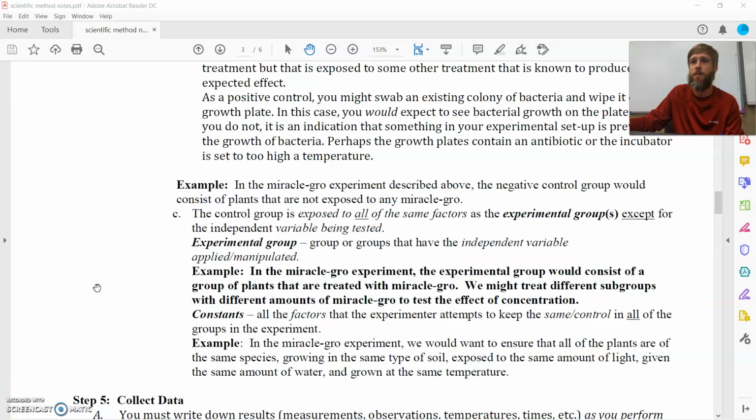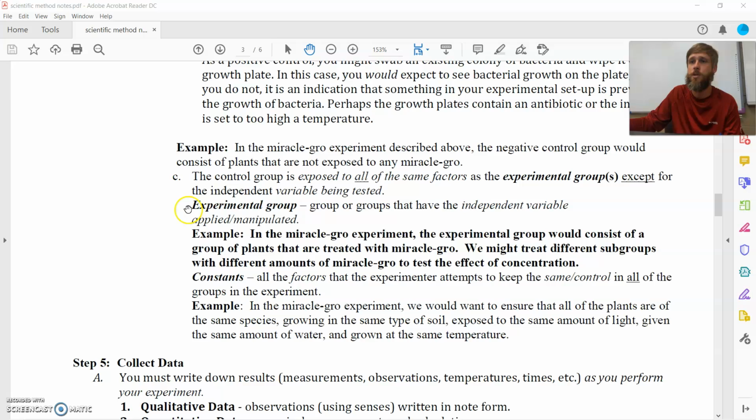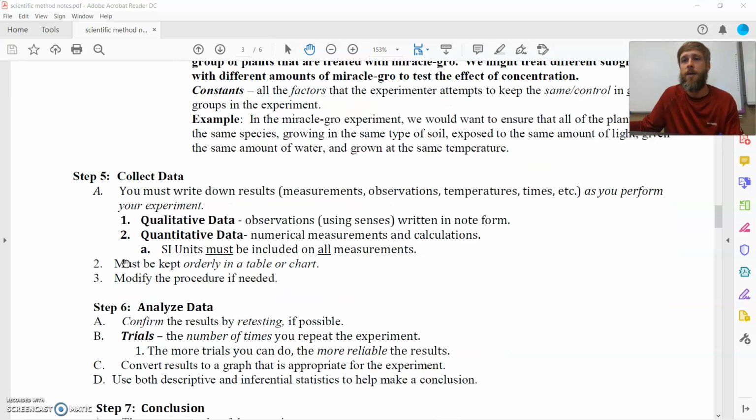All right, so I only have about 1.5 minutes left in this video. My time is running out. So I'm going to speed past negative and positive control groups and go straight to the experimental group. Group or groups that have the independent variable applied or manipulated. For example, in this experiment, the tomato plants that are exposed to the Miracle-Gro, those plants would be a part of your experimental group. All right, so hopefully that makes sense.